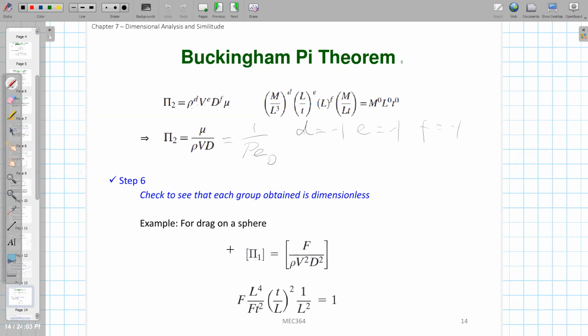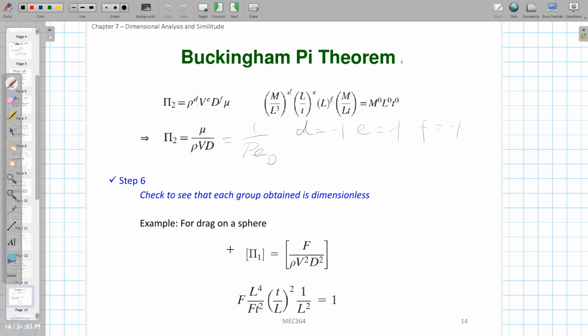We do not know the differential equation. We just analyze the fundamental dimensions for each parameter, the mass, the length, the time, so that we can reduce the number of parameters to a smaller number of dimensionless parameters.